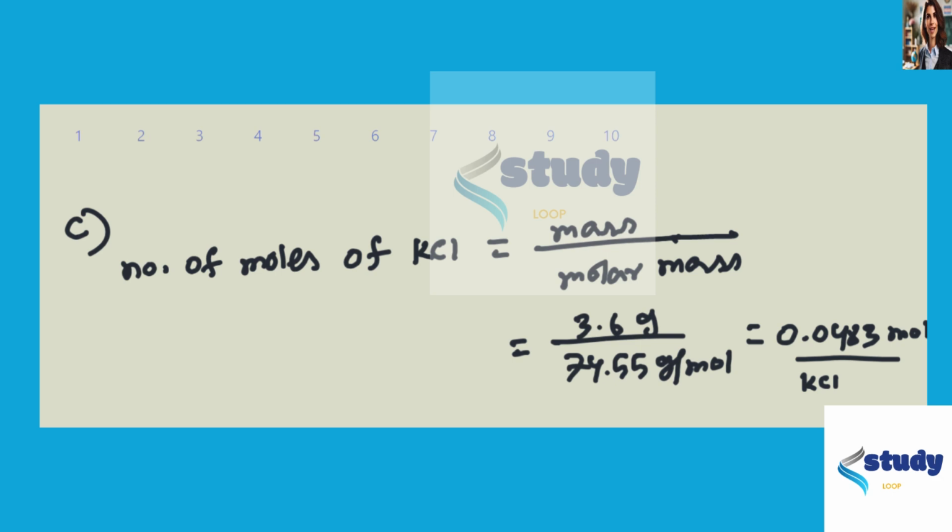Now we have to find out the concentration of KCl. So we just divide this number of moles by the volume of the solution, which is basically the volume of the CaCl2, 75 ml.